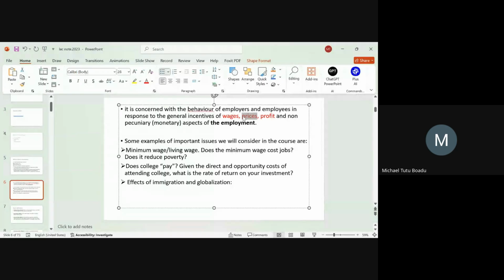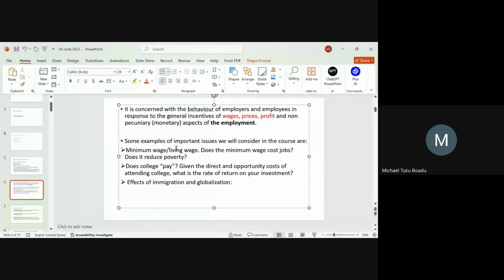And once demand reduces, it means you cannot raise enough to pay your workers, which may lead to layoffs or constrain the ability of the firm to expand. So labor economists will analyze all these variables and look at how they affect the level of employment.